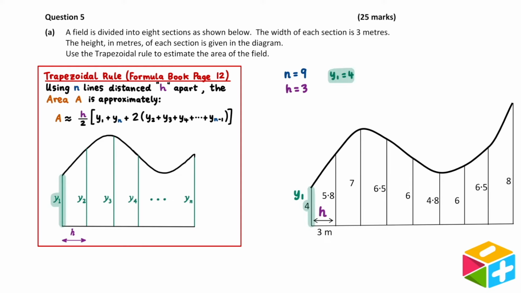Y1 refers to the height of the first vertical line. In our picture, y1 is equal to 4. Y2 is the height of the second vertical line. In our picture, y2 is 5.8.